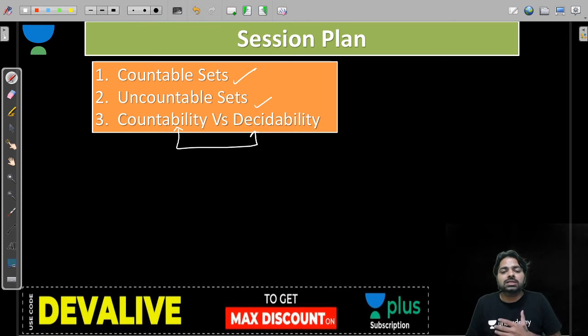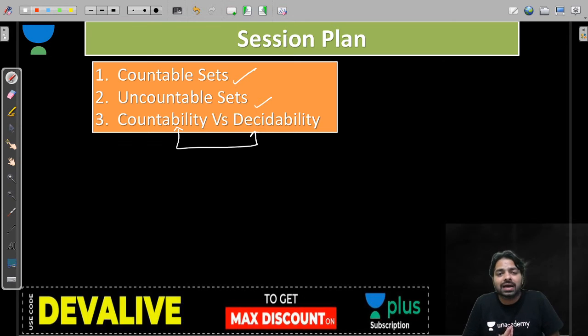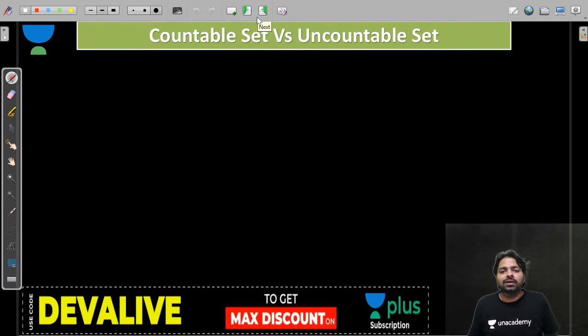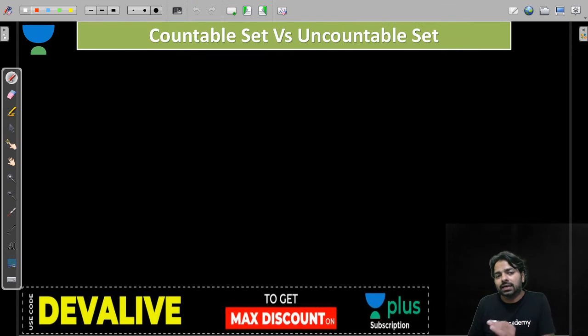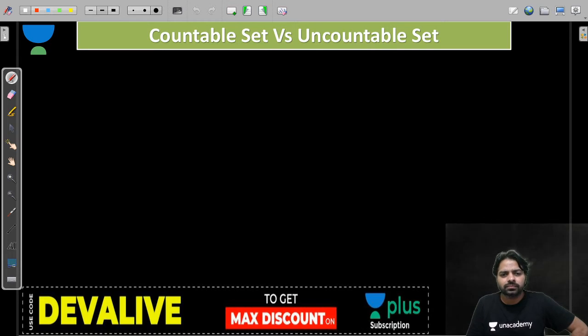Do not assume all these words are the same. Everyone has a different definition here. Now let's start with countable sets and uncountable sets. If you take any set, you know that the set can be finite or infinite.